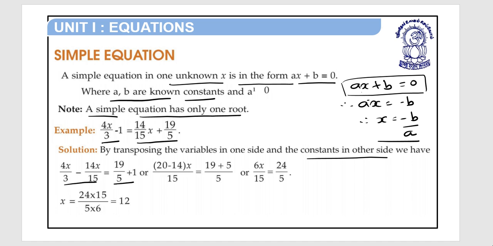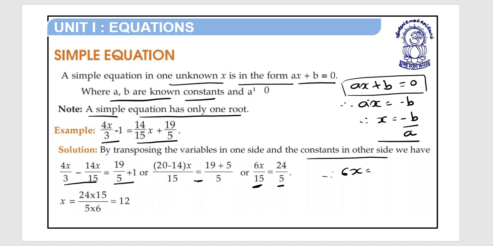So multiply by 5: 5 fours are 20x, so (20x - 14x)/15 = (19 + 5)/5.